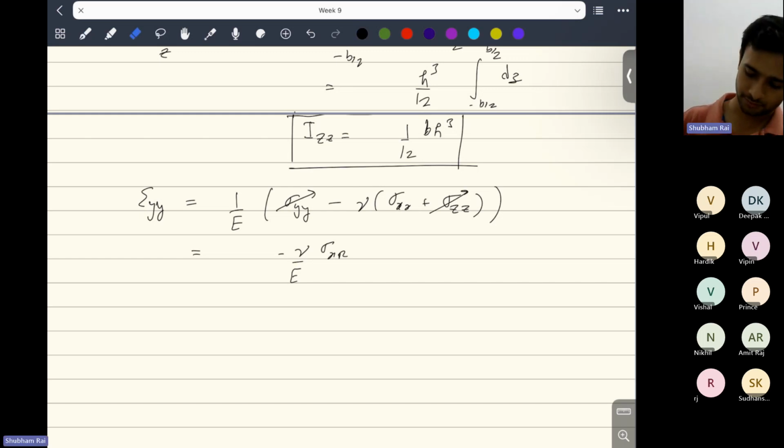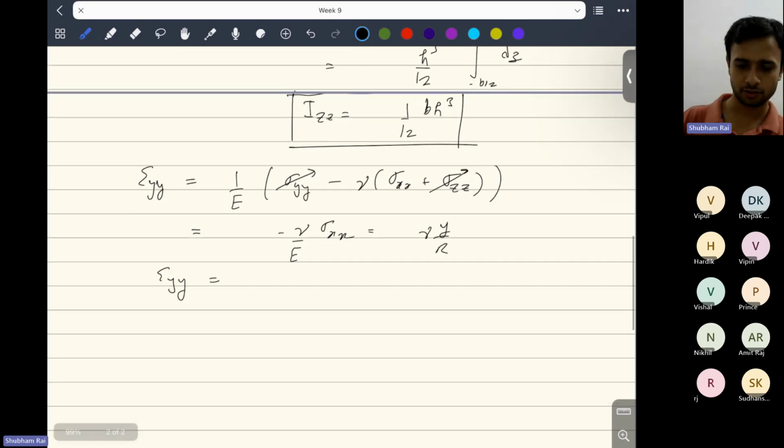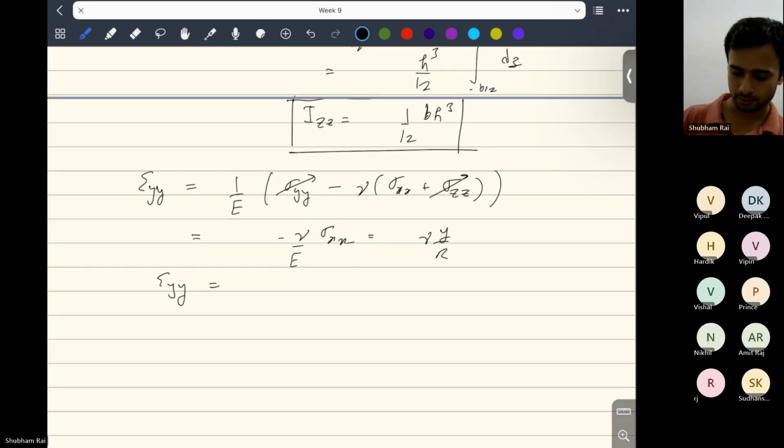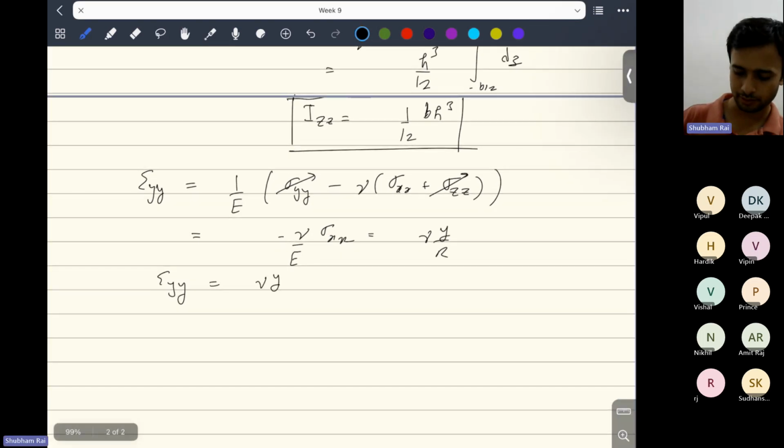You can put the expression for sigma xx, which is minus E into y by R. So finally epsilon yy is equal to mu into y by R, and this is also equal to epsilon zz.